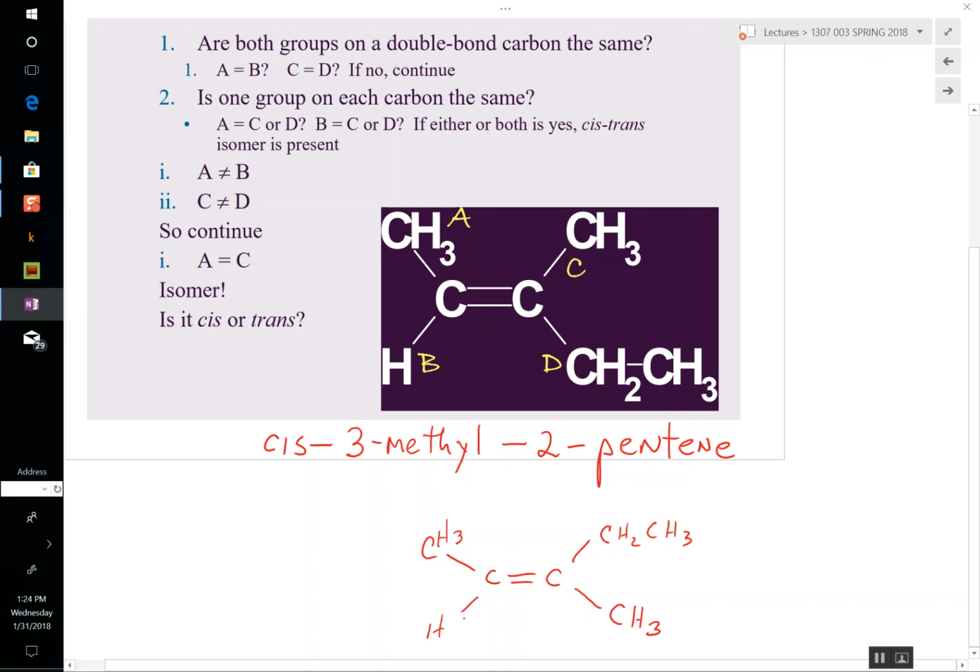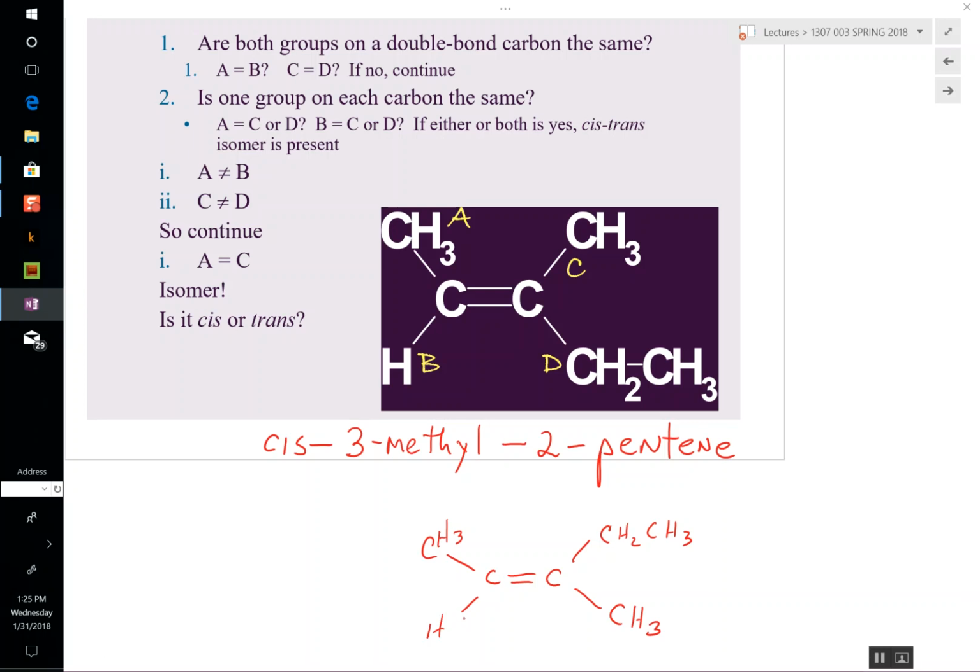Okay, this is not superimposable upon that. These 2 methyls are across from each other. That would be the trans. So that thing does have an isomer. That would be its geometric isomer, trans 3-methyl-2-pentene.